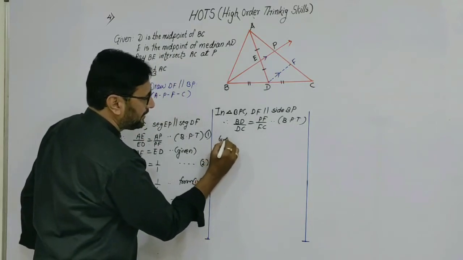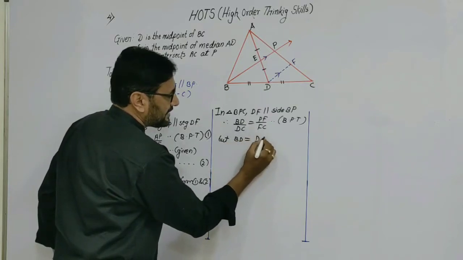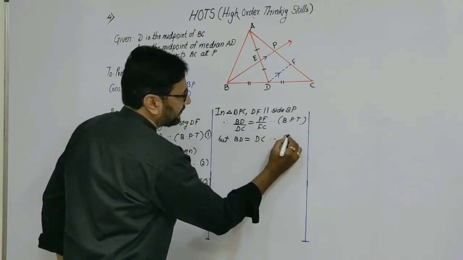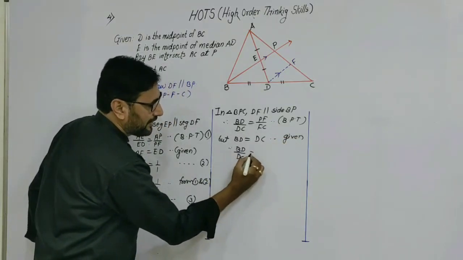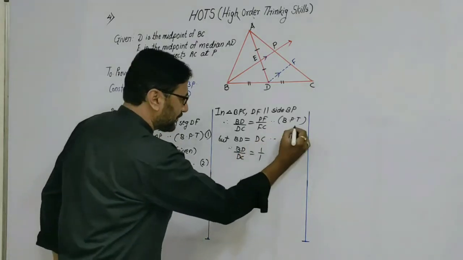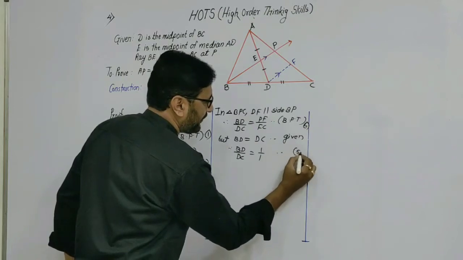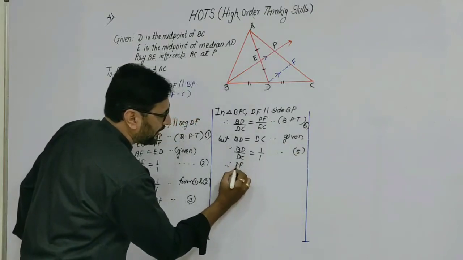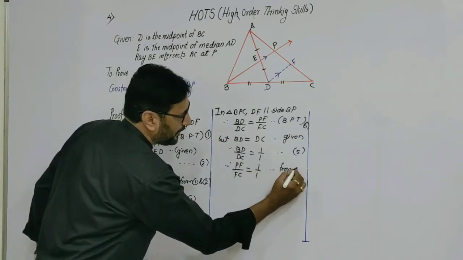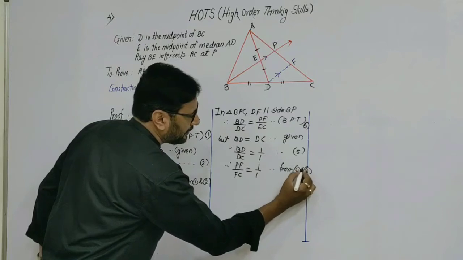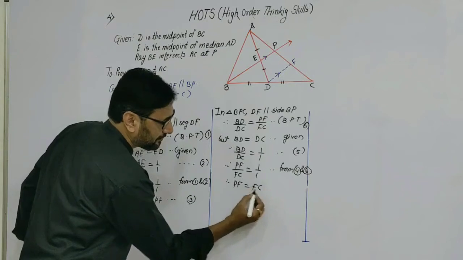Again we know BD is equal to DC, given. So BD upon DC equal to 1:1. Suppose this is number 4, this is number 5. So PF upon FC would be equal to 1:1 from 4 and 5. So PF is equal to FC.